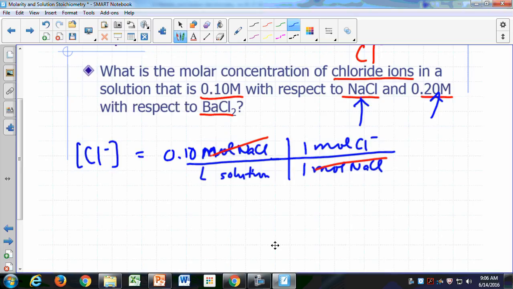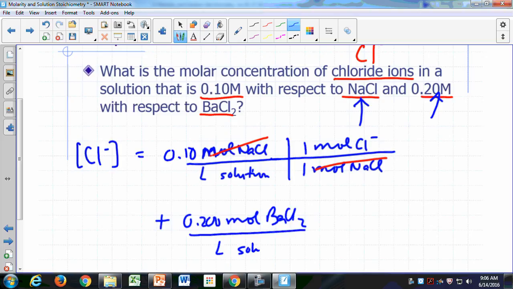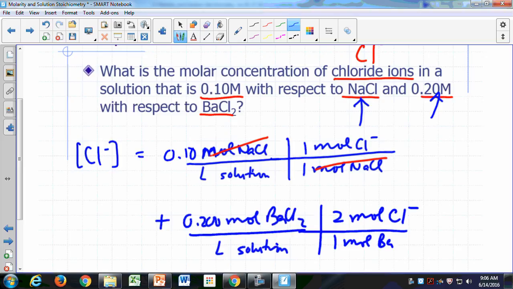And then I add to that 0.200 moles of barium chloride per liter of solution times 2 moles of chloride in 1 mole of barium chloride. Okay, so basically what you end up doing is you multiply the molarities with respect to sodium chloride and barium chloride by the subscript of chloride in those formulas.